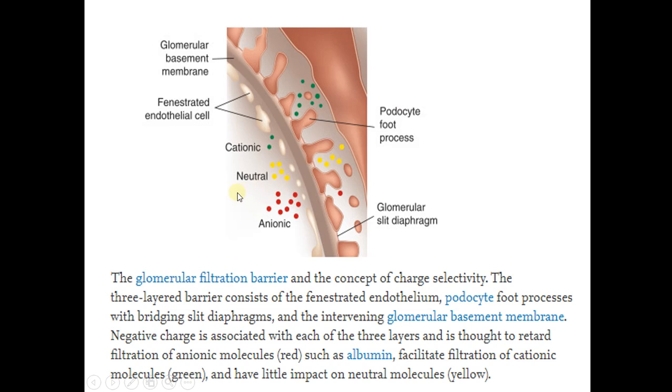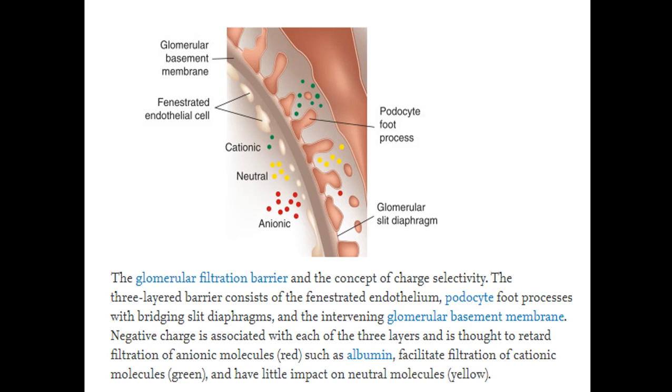If we have a look at the glomerular basement membrane, or GBM, we see that on the inner side there is the endothelial lining, and the endothelial cells that line the glomerular capillary have fenestrations and are known as the fenestrated endothelium. Then on the outer side of the fenestrated endothelium, there is the glomerular basement membrane, which is mainly composed of type 4 collagen and other proteins.